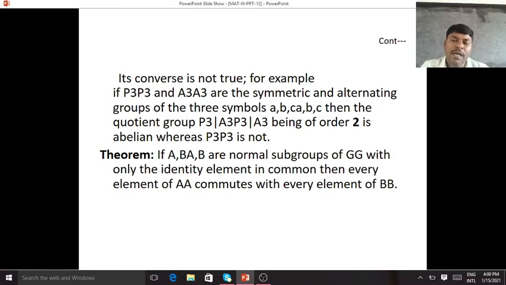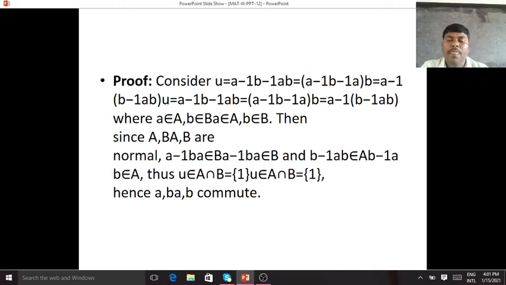Theorem. If A, B are normal subgroups of G with only the identity element in common, then every element of A commutes with every element of B. Proof.